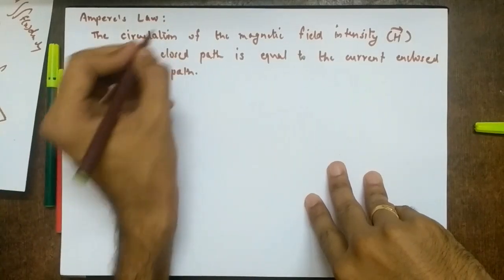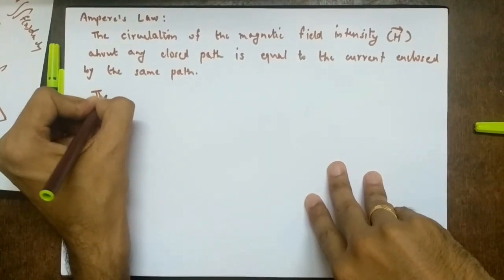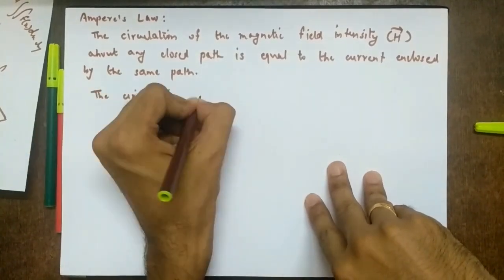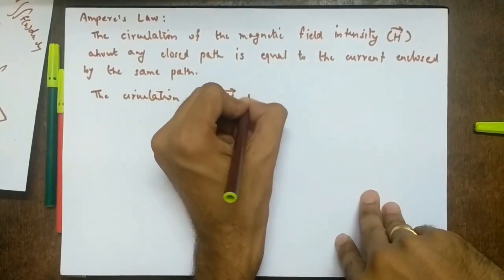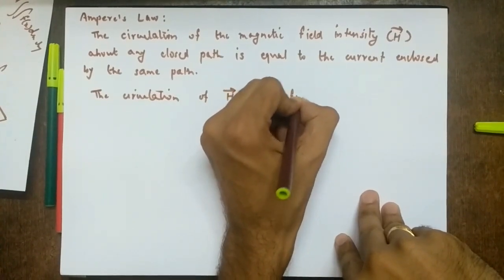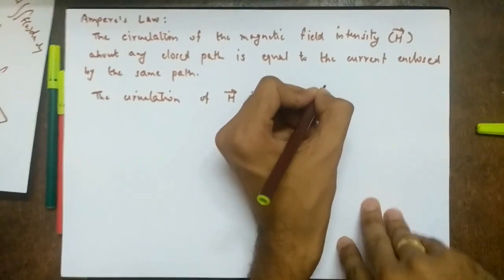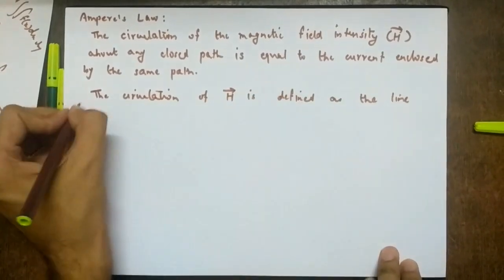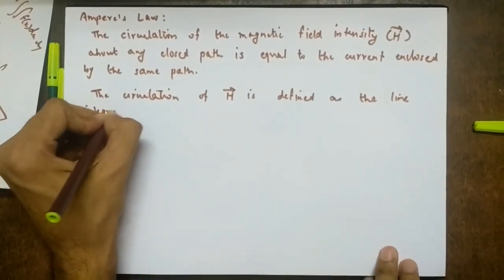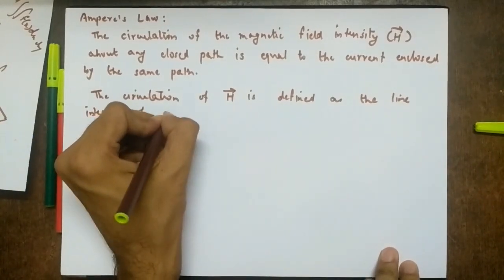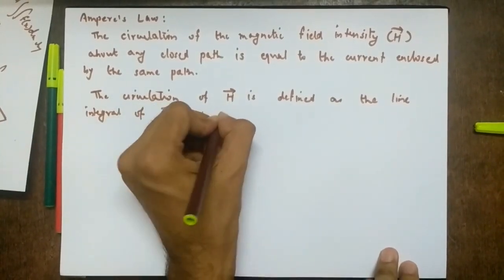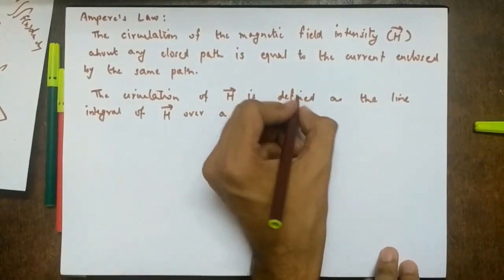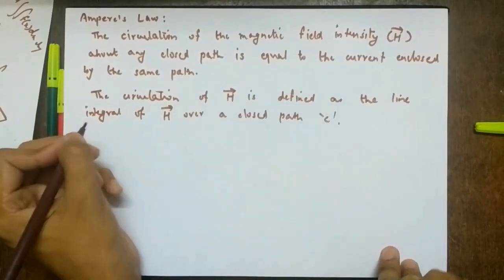And what is circulation of H vector? It is defined as the line integral of H vector over a closed path, small c.